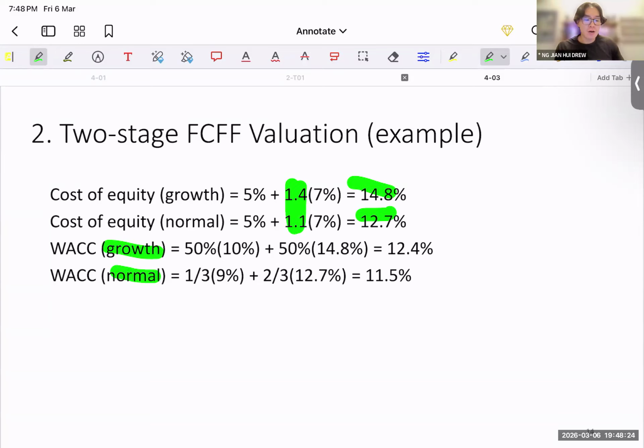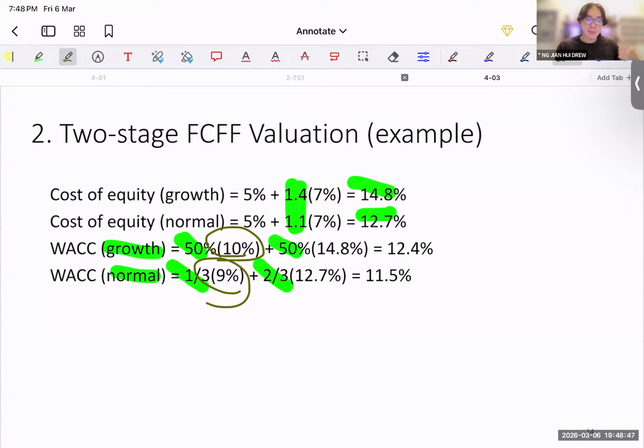Now, I would like to repeat again that it's 50% equity, 50% debt for growth, and 1/3 debt and 2/3 equity for normal. And just to highlight again, for your debt, 9 and 10%. You can flip back to your question.